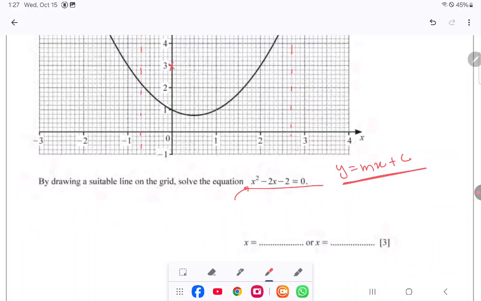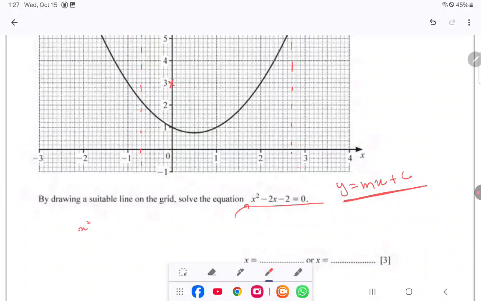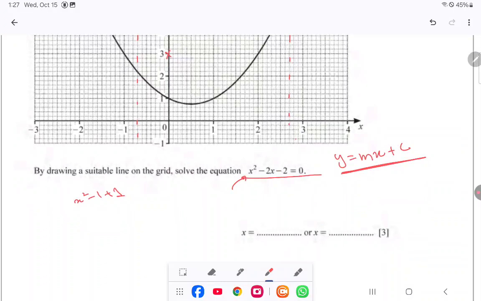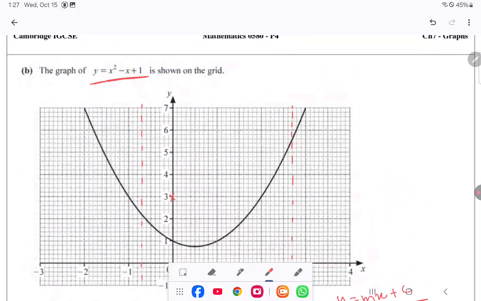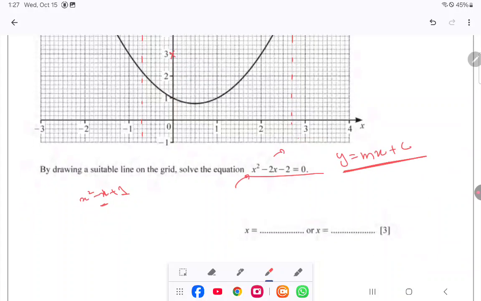For that, write down the equation which we want to make: x squared minus x plus 1. In order to make the equation, first we have to remove this 2, and we need negative x plus 1. To get the negative of x, we add x on both sides: x squared minus 2x plus x minus 2 equals plus x on both sides.